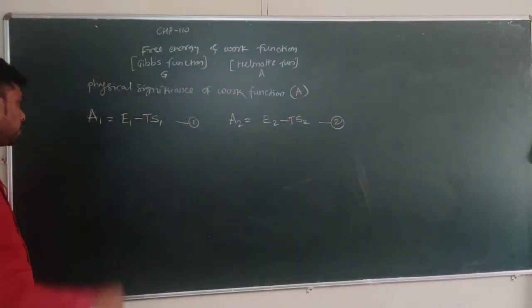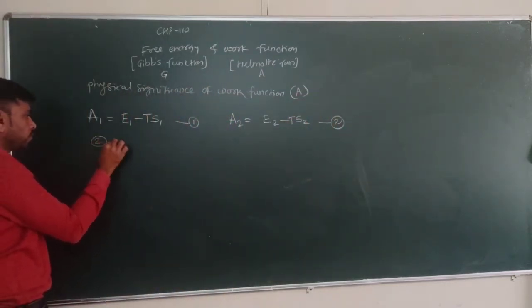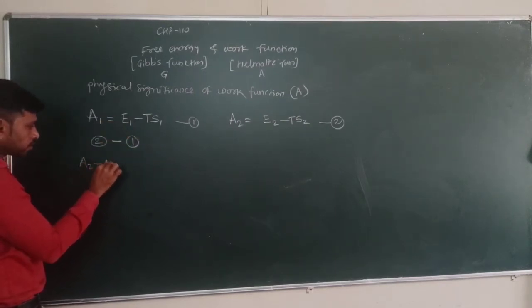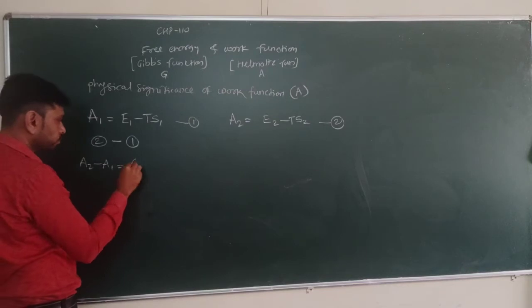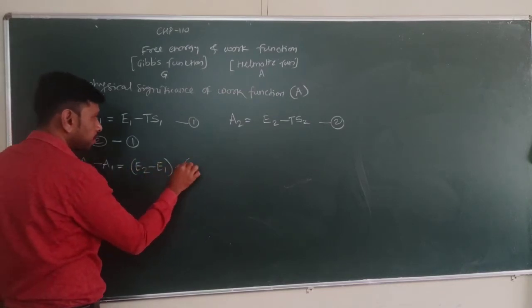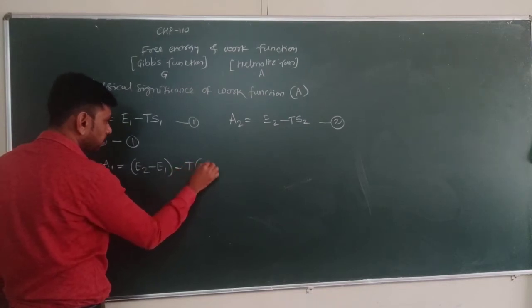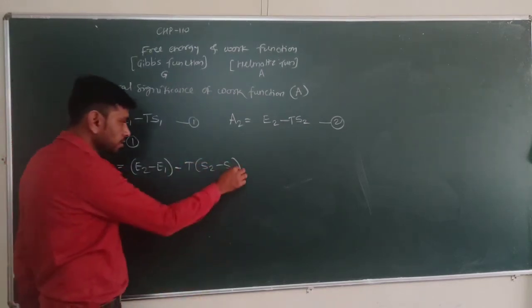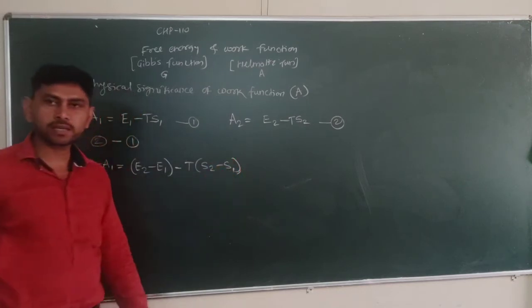By subtracting equation 1 from 2, we can write A2 minus A1 equal to E2 minus E1 minus T(S2 minus S1).